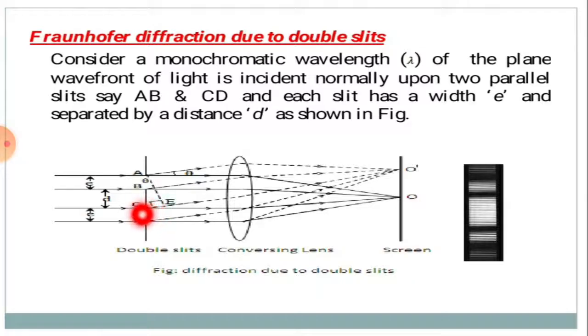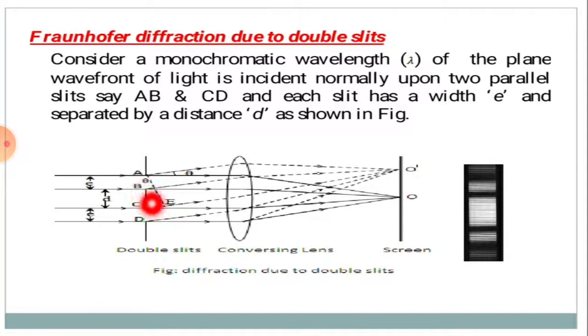Here the second diffracted light ray travels excess path CE than the first diffracted light ray. To find the path difference CE, you can apply the sine function to this particular triangle ACE.